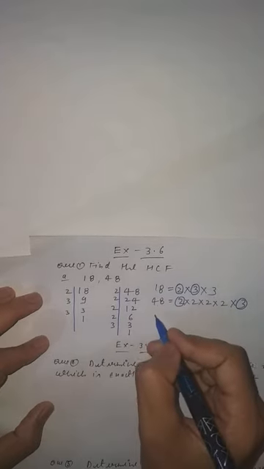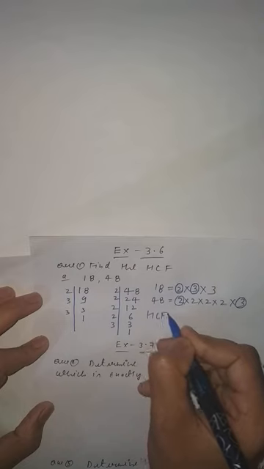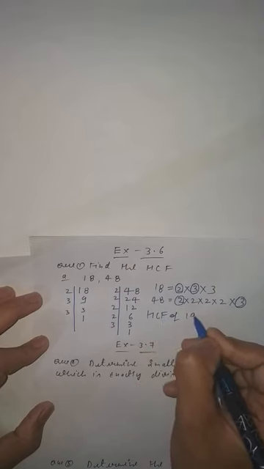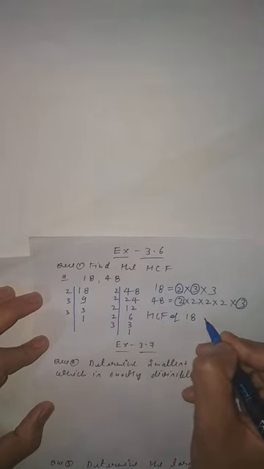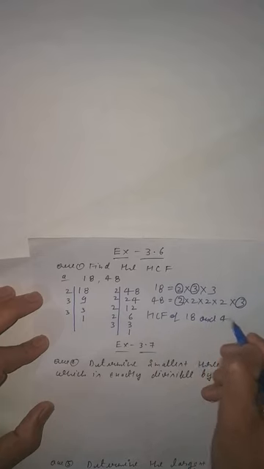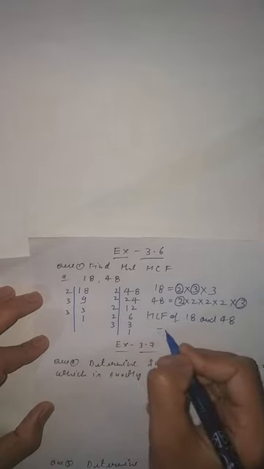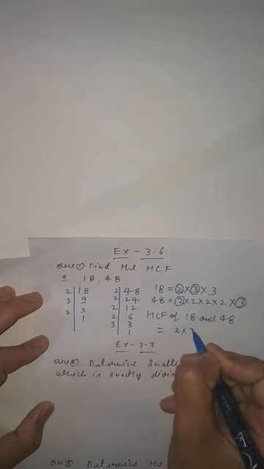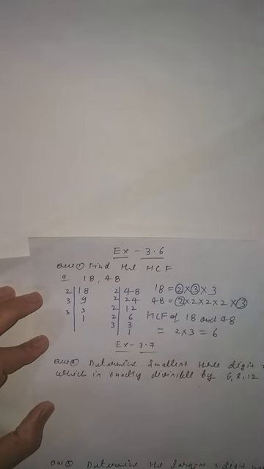Nothing else is common except 2 and 3. So what is the HCF? HCF of 18 and 48 equals what? 2 into 3, that gives 6. Clear, students?